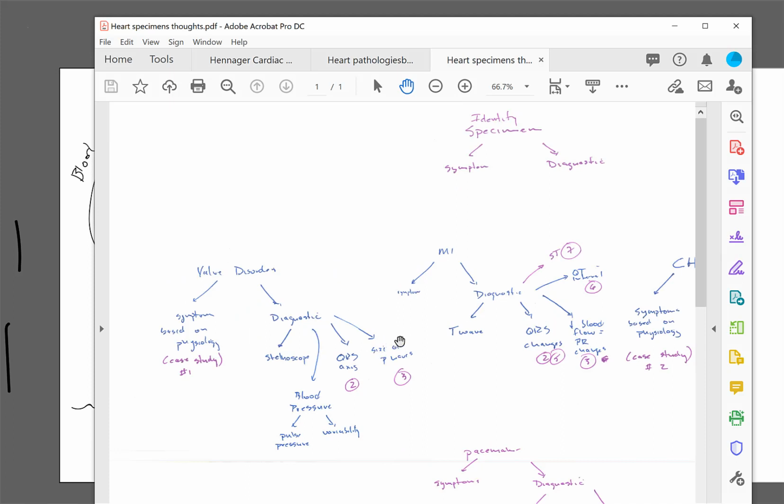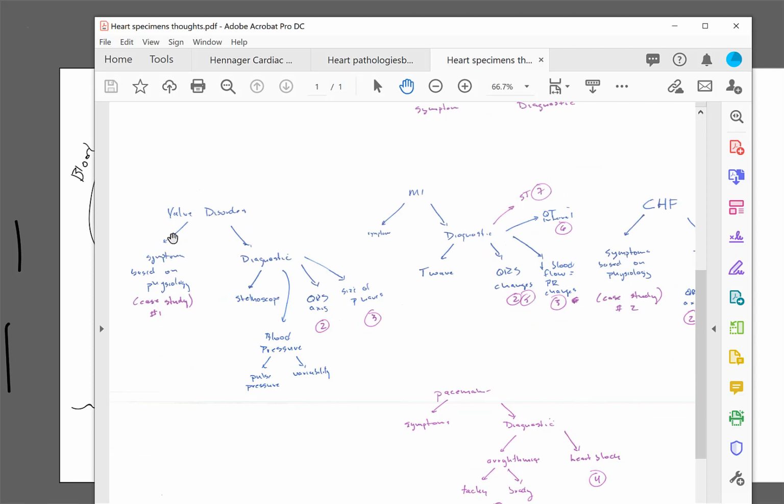So coming up today, we're going to do a case study of valve disorders. The way this would work face-to-face is during the practical, I'd give you a heart valve disorder to identify, and then you'd either give symptoms based on the case study you're going to do, or a diagnostic.